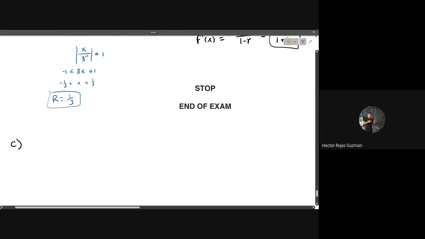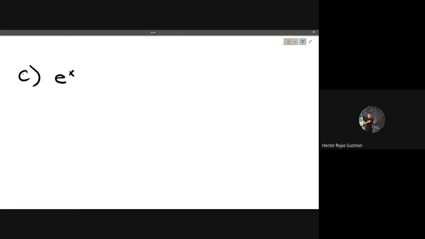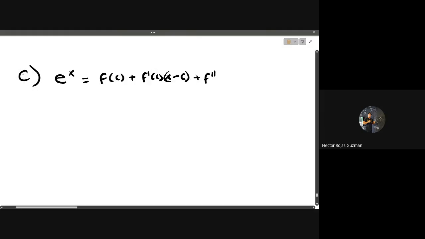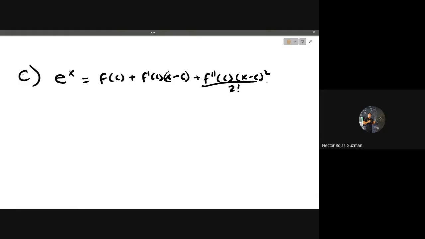Part C. Write the first 4 non-zero terms for the Maclaurin series for e to the x. That one, it's either memorizing it, but if you don't know it, you technically could derive it. Because it's just a Taylor series centered at 0. If you don't know it, write it out. f of c plus f prime of c times x minus c plus f double prime of c times x minus c squared divided by 2 factorial, and so on.